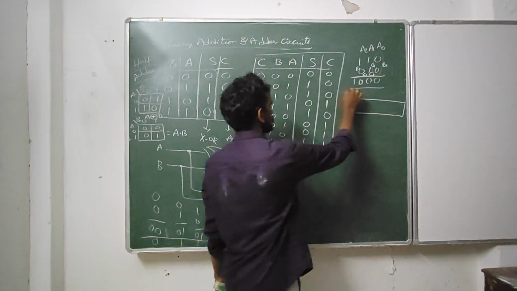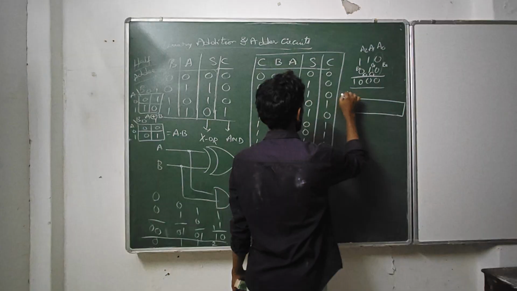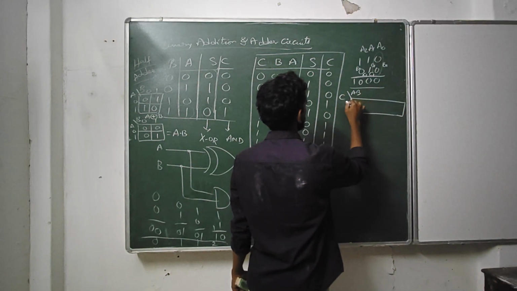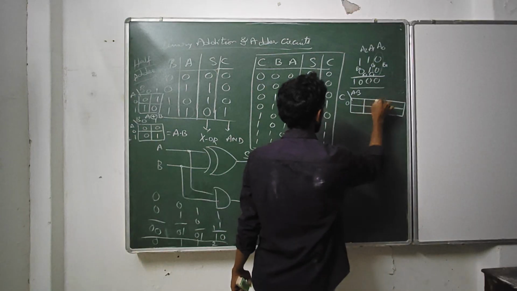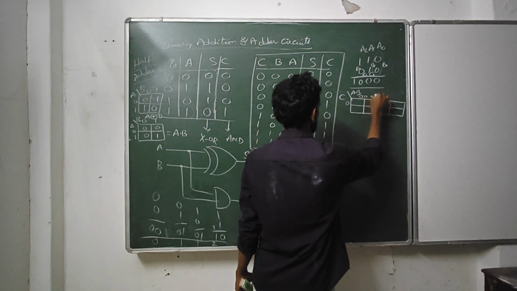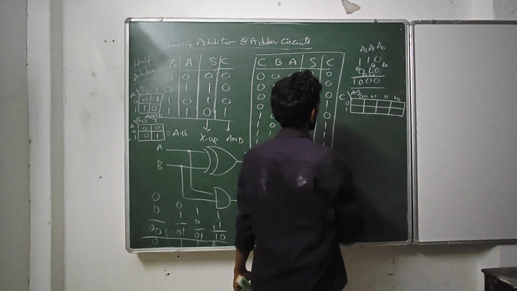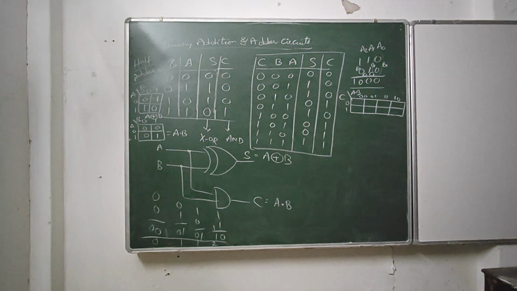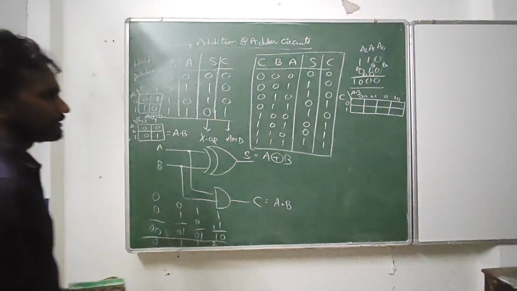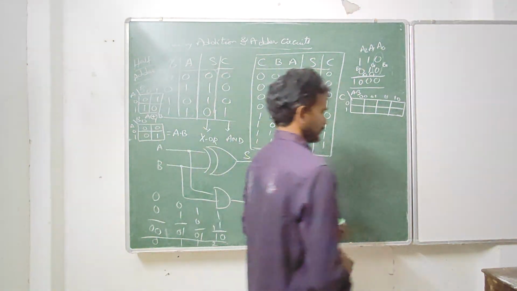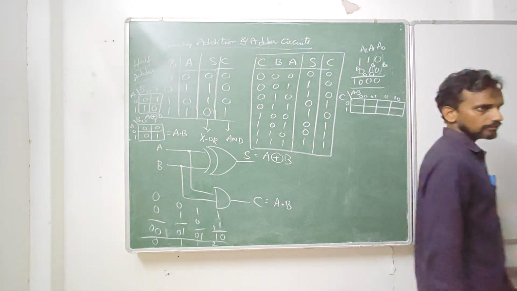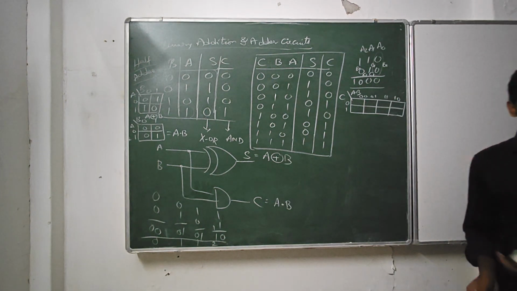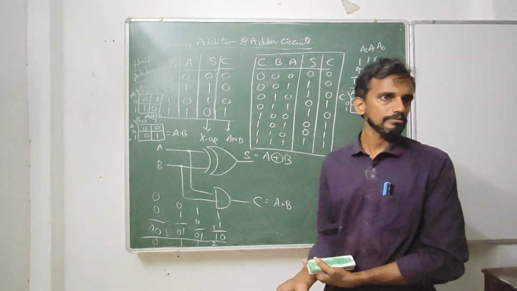What do you do? Either you can keep your C here and AB here. Any order is valid because order does not change the end result.